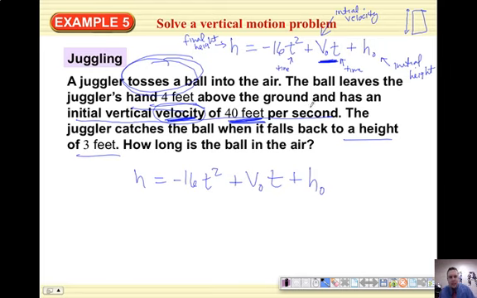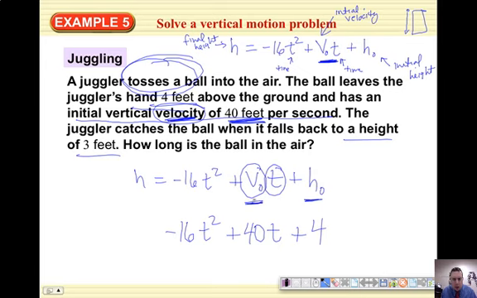Okay, the ball leaves the hand at 4 feet above the ground. That is your initial height right here. It leaves his hand, so plus 4. 40 feet per second, well, that's your velocity, so we write 40t, plus, we don't know time, so negative 16 t squared.